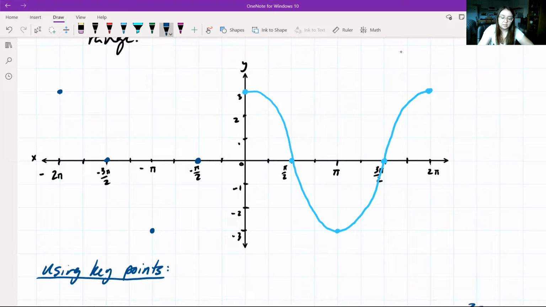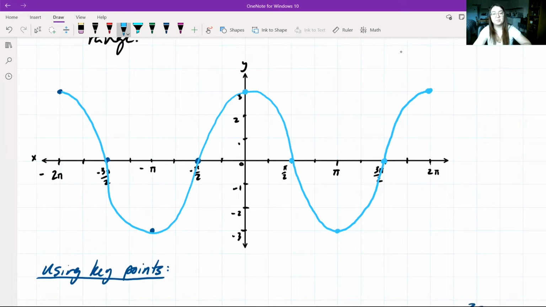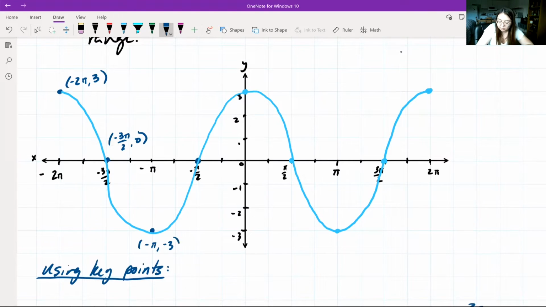So now we can draw in these points as well. Ooh. All right, not as pretty as the other side, but we get the point. So our points here became negative 2 pi, positive 3, negative 3 pi over 2 comma 0, negative pi, negative 3, negative pi over 2, 0.